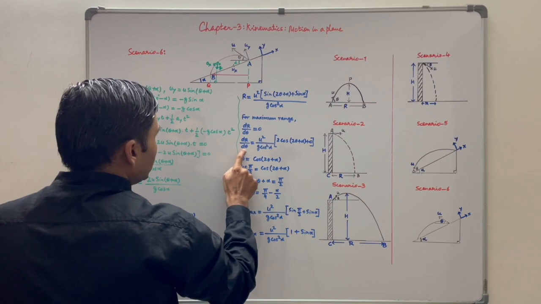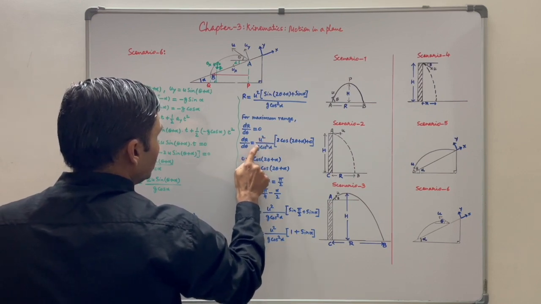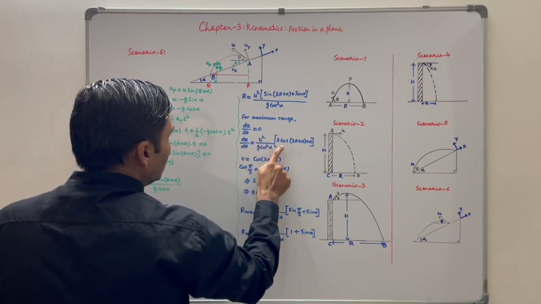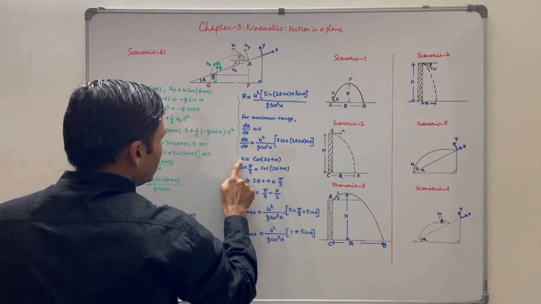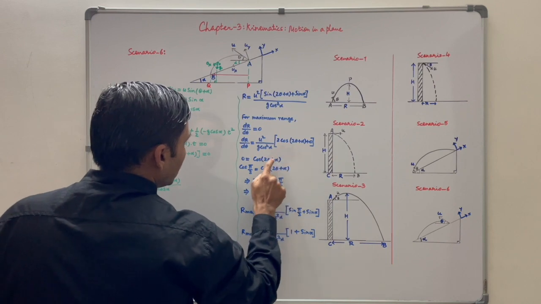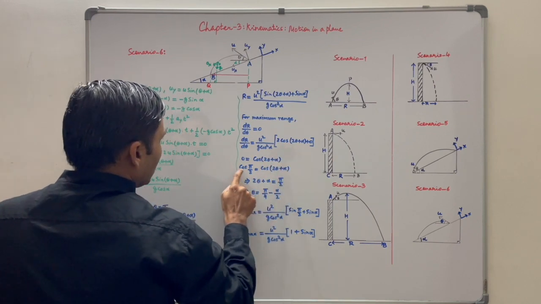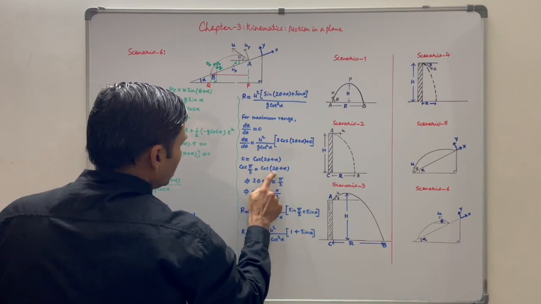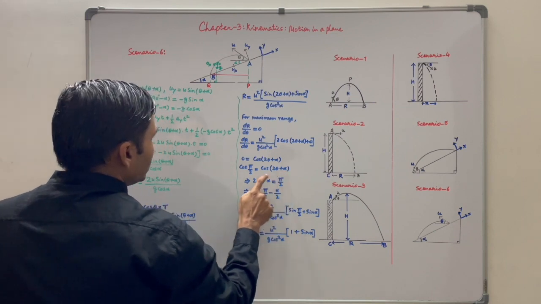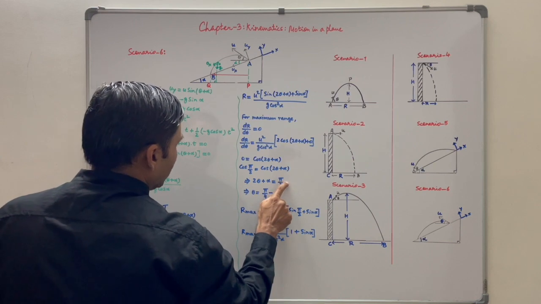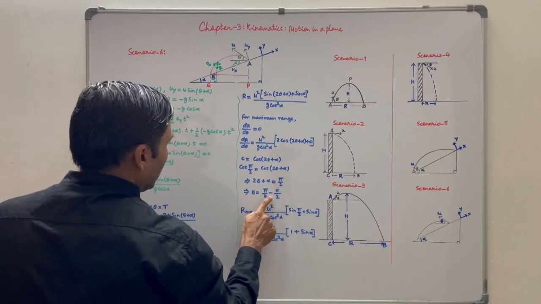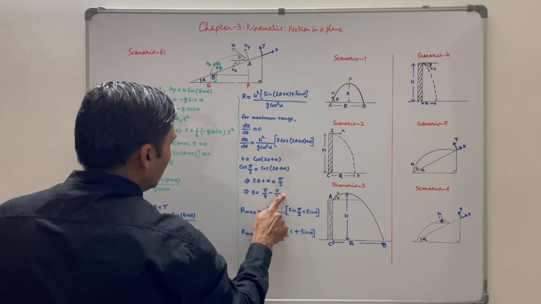So dR upon dθ is equal to u² upon g cos²α into 2 cos(2θ + α) plus 0. Or 0 is equal to cos(2θ + α), or cos 90 is equal to cos(2θ + α). So condition for maximum range is 2θ + α is equal to π/2, or θ is equal to π/4 − α/2.